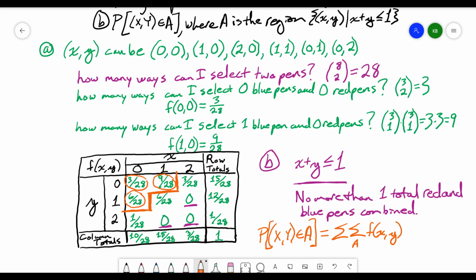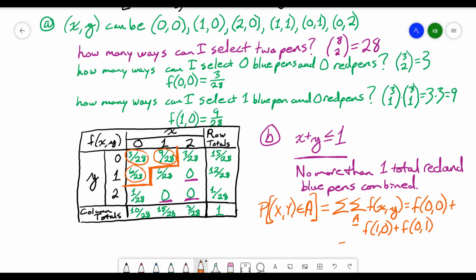And what this means is we're taking all of the points in our region A and summing over the values of the function. So this is going to equal f(0,0) plus f(1,0) plus f(0,1), which is going to equal 3/28 plus 9/28 plus 6/28.